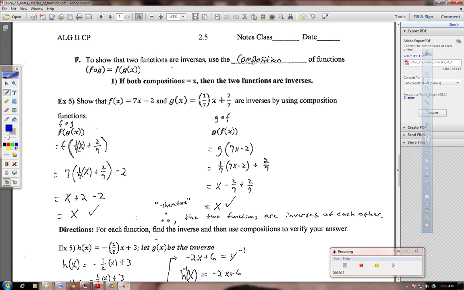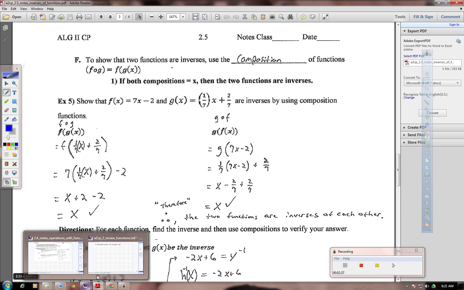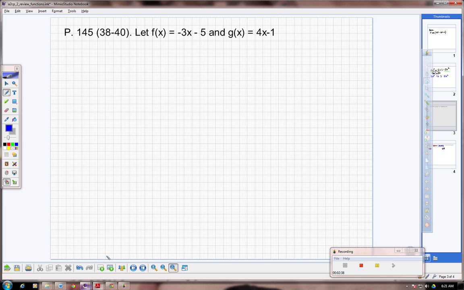Now, one of the basic examples that we have completed, regarding the composition of functions, looks something like this. And this comes from page 145 of your textbook in the review, whenever you get there. Given two functions, f of x equals negative 3x minus 5, and g of x equals 4x minus 1, we're going to find f of g of 3.